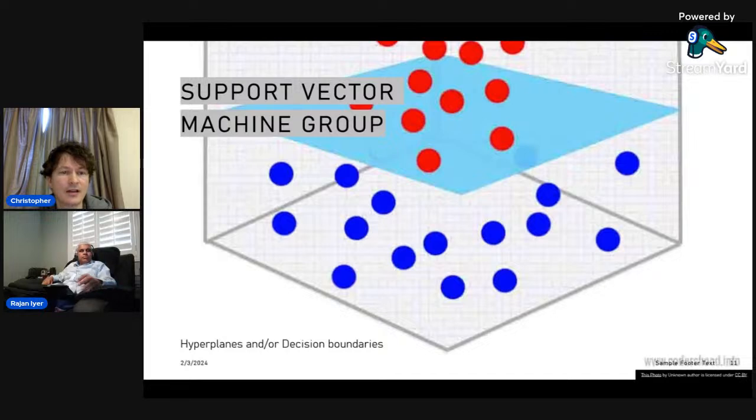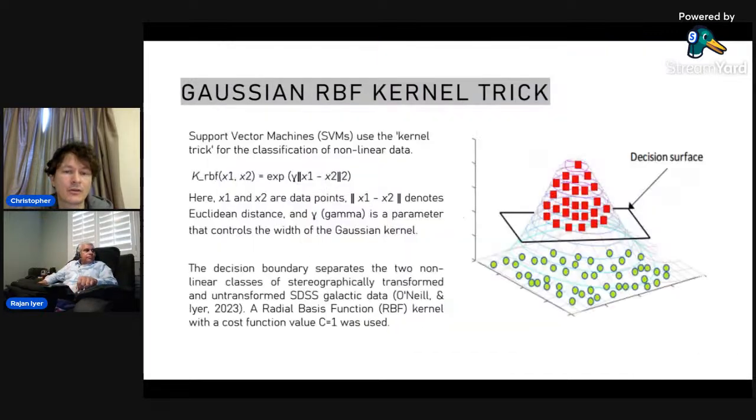So how did we go about finding the dimensions of the hypersphere? Well, we used support vector machines, and we'll go into that quickly here: the Gaussian radial basis function kernel trick. Here's a quick summary of support vector machines and how they work.